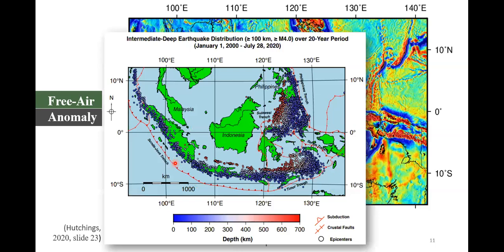So here is a map of a previous lecture where you can see that the location of the important trenches, like the Sonda Java, the Philippine Trench, the Sulawesi Trench, the Timor Trough, and the Seram Trench are very well represented in this map as well.